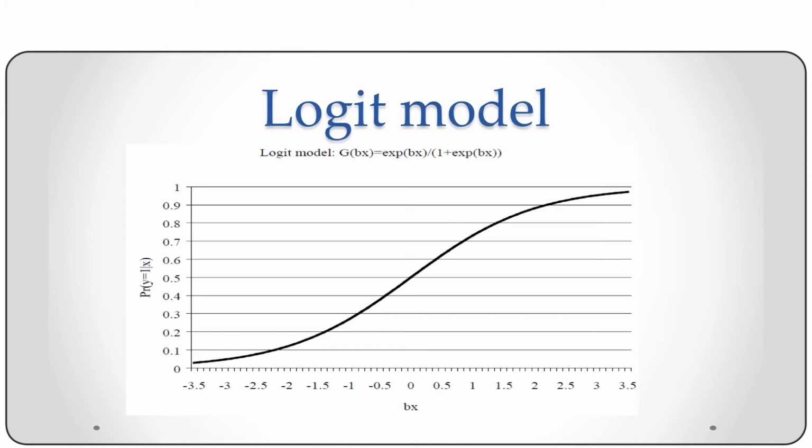So as the linear predictor increases, the function initially increases, but then starts to approach a plateau of 1. And as the linear predictor decreases, the function initially decreases sharply, but then again starts to plateau at the value 0. In mathematical literature, this function is called a sigmoid function.